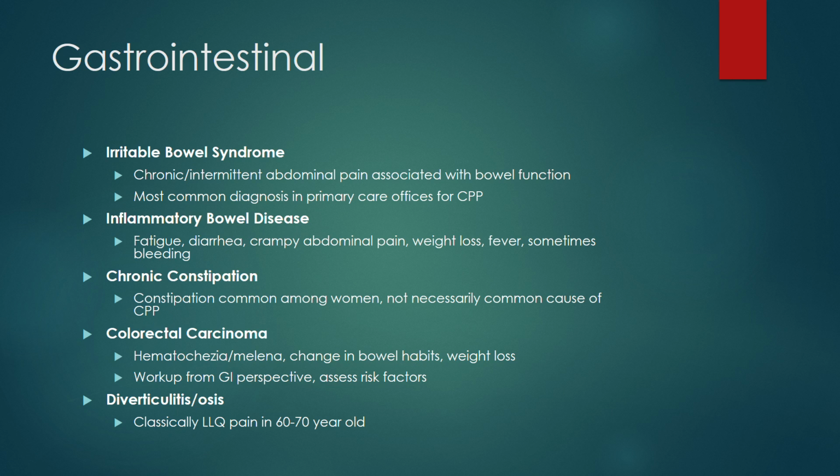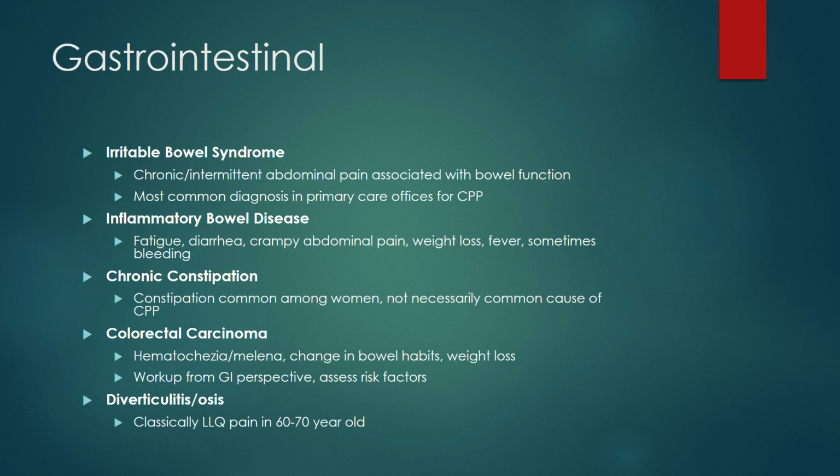Moving along to GI causes. So IBS, you get this chronic intermittent pain that is associated with bowel function. This goes back to taking our history, making sure that we hit all of those different systems that I mentioned at the beginning. So take a good urologic history, a good gynecologic history, a good GI history, and this can point you in this direction.